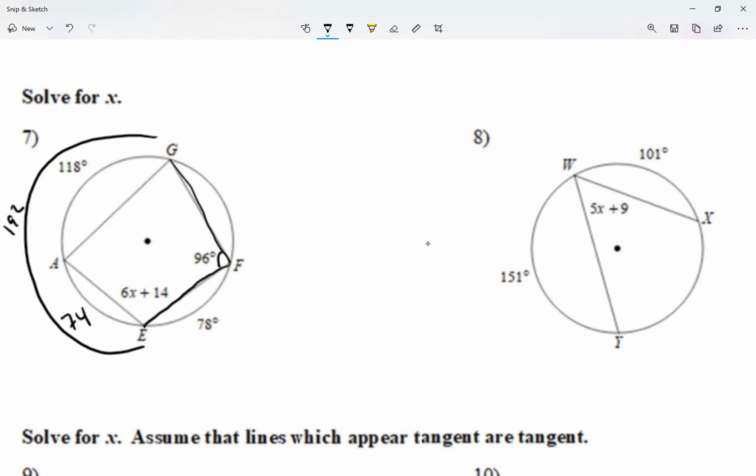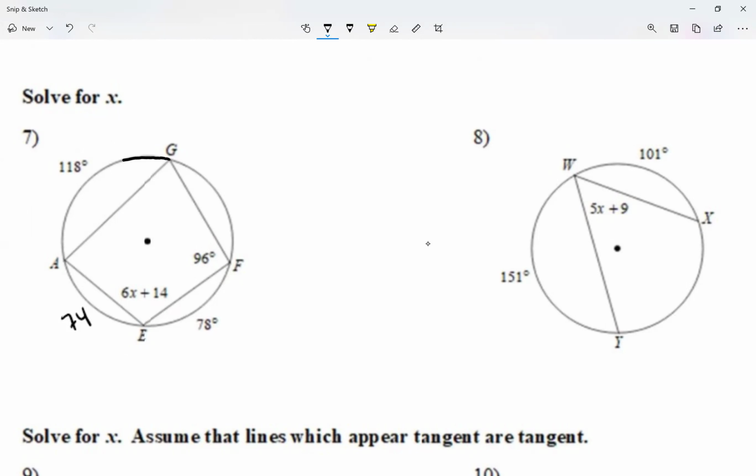Okay, let me erase this right here. So I figured that that was 74. Now, another thing that I see, this is 118, this is 74, and this is 78.